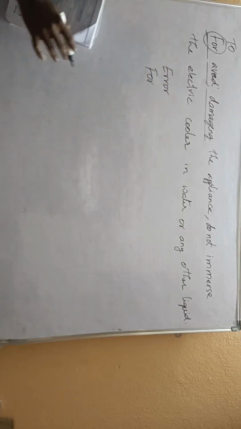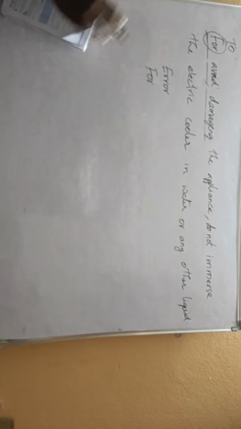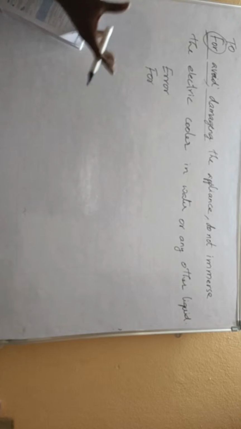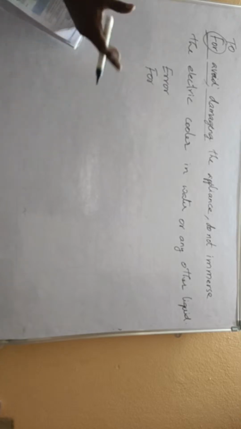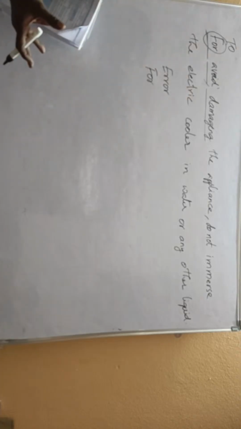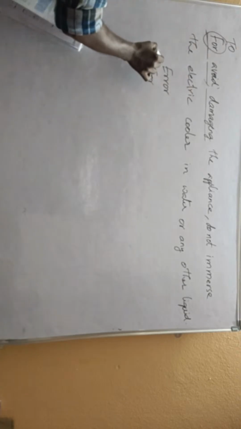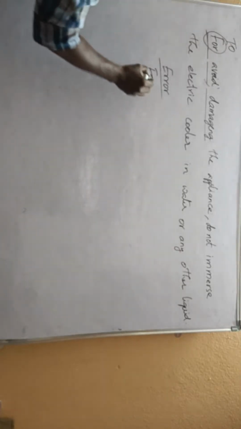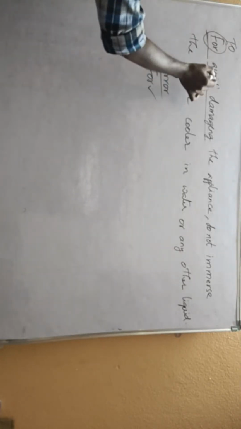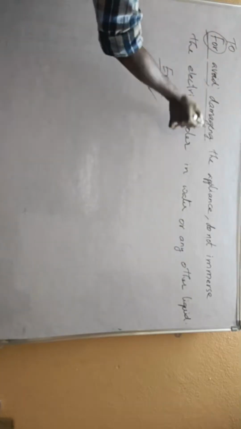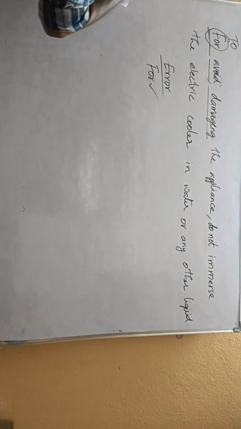For is a preposition used to express a reason. Why do you go there? For getting something. Why do you buy this? For using it. Like that, we use the preposition for certain reasons. So, for reason we can use, but here avoid is a verb.